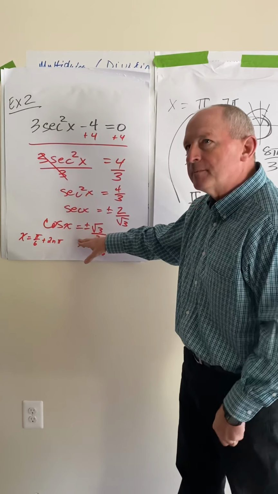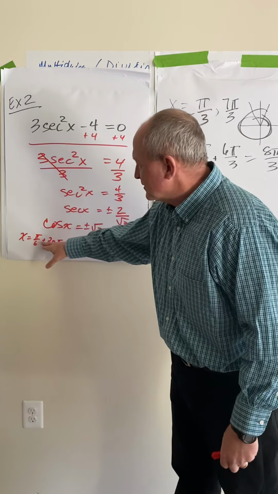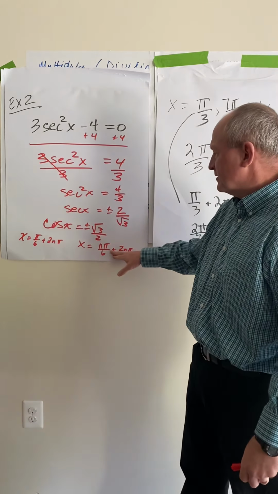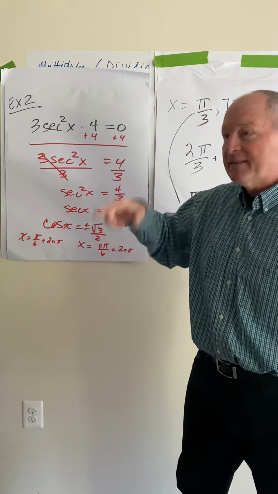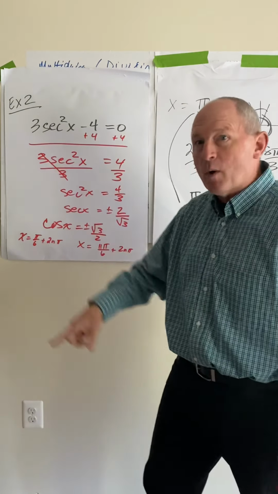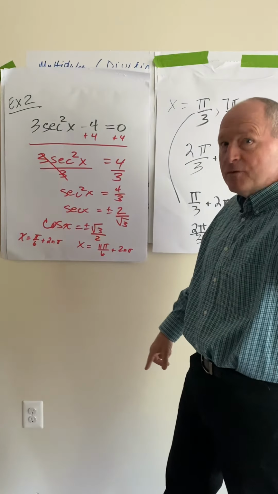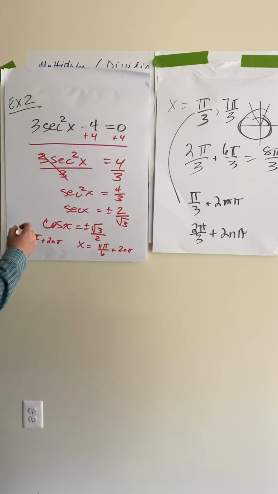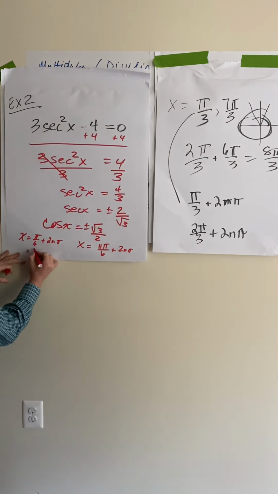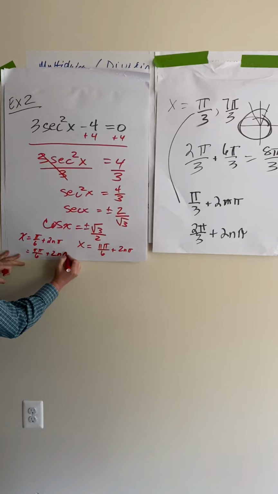So now I've got, instead of pi over 6 plus 2n pi and 11 pi over 6 plus 2n pi, I've also got the corresponding value in the second quadrant, which is 5 pi over 6. I'm sorry if you can't read this very well. It says 5 pi over 6 plus 2n pi.